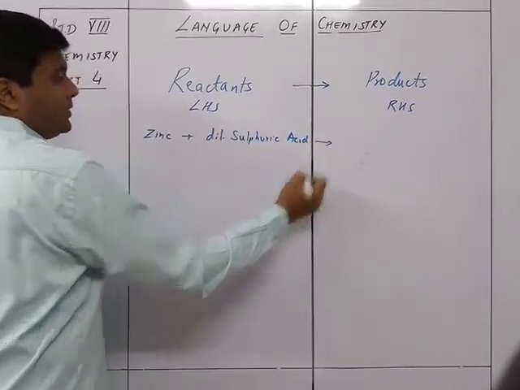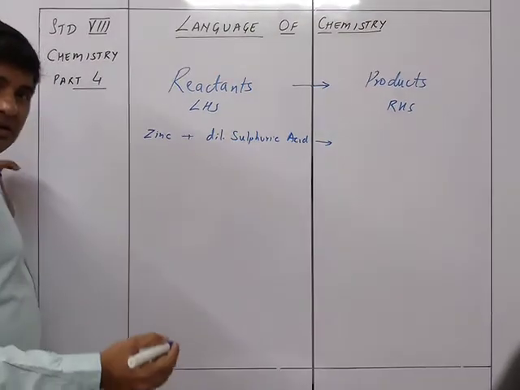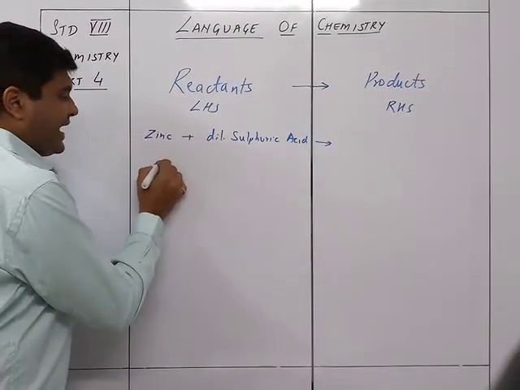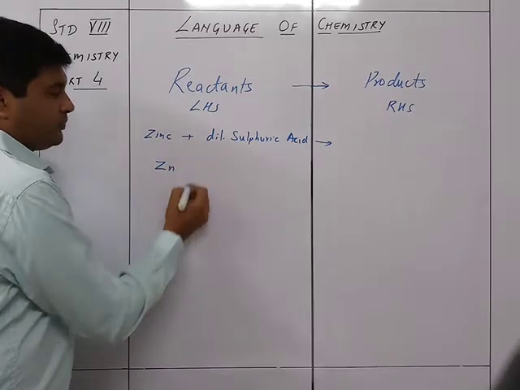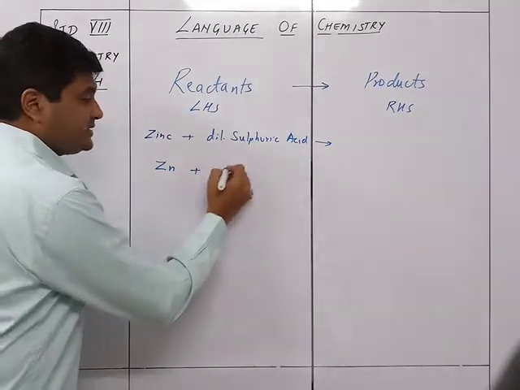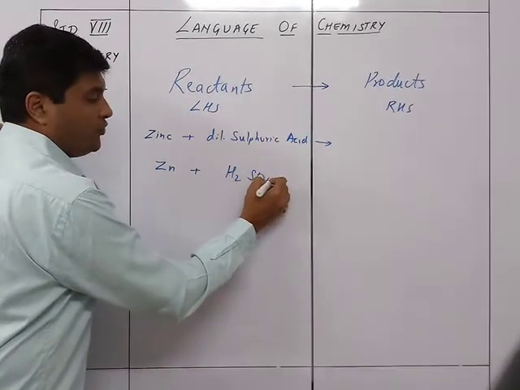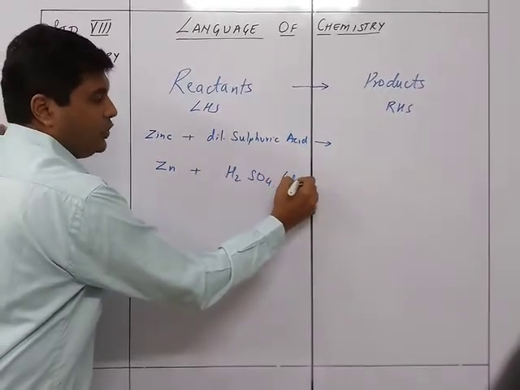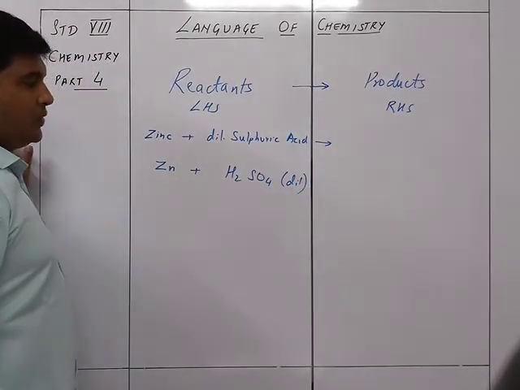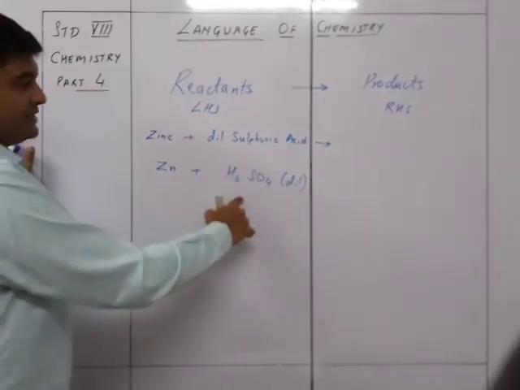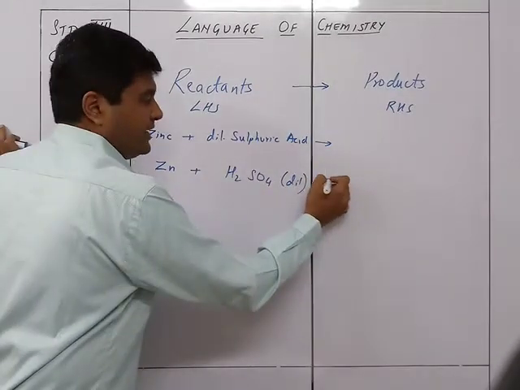Based on our previous videos, we know how to name these things. Zinc is an element, so it will be just Zn. And sulfuric acid, we have learned from that table, is H2SO4. It is the H2SO4 which is in dilute nature, so I'll need to write dilute over here.